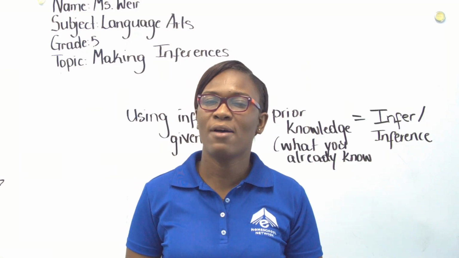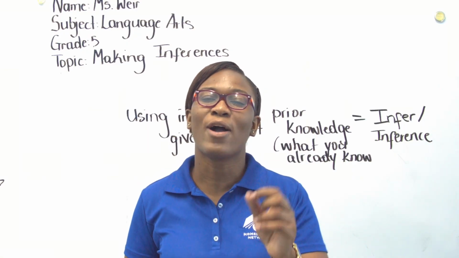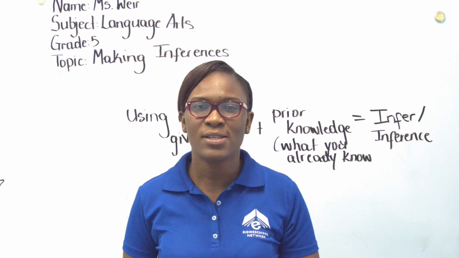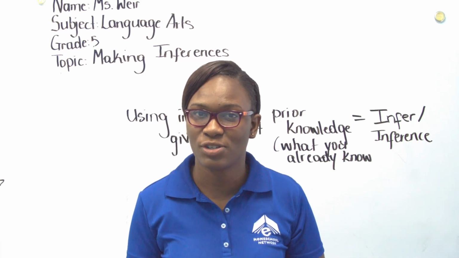Okay? Now, to have a better understanding, we're going to do a quick activity. Take a look at this image, all right? Based on what you are seeing, what can you infer about this child? What can you say is actually happening with this child? Now, you're using what you are seeing, the information being provided to you, and you're going to use your prior knowledge.